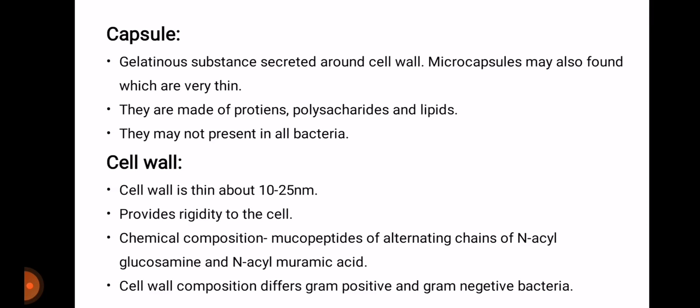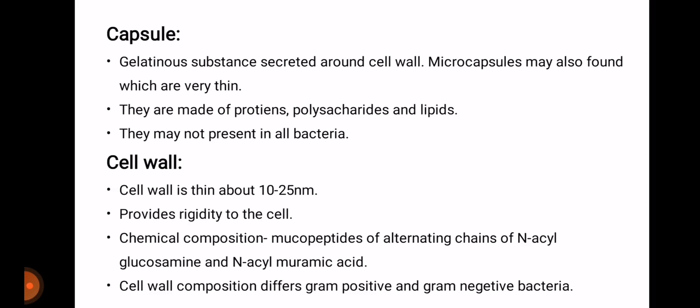Chemically the cell wall consists of mucopeptides made up of alternating chains of N-acyl glucosamine and N-acyl muramic acid molecules. These are cross-linked by peptide chains. The narrow spaces left by these chains are filled by various other chemical compounds.